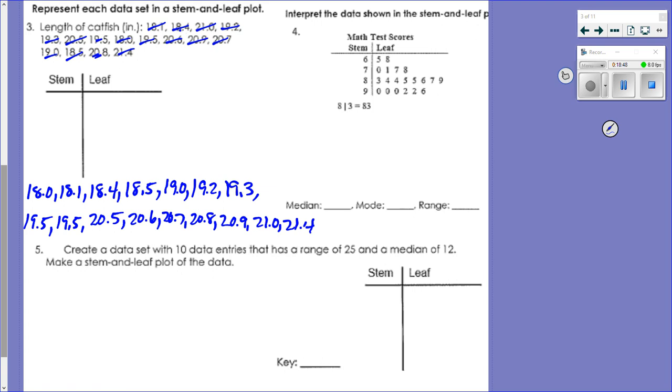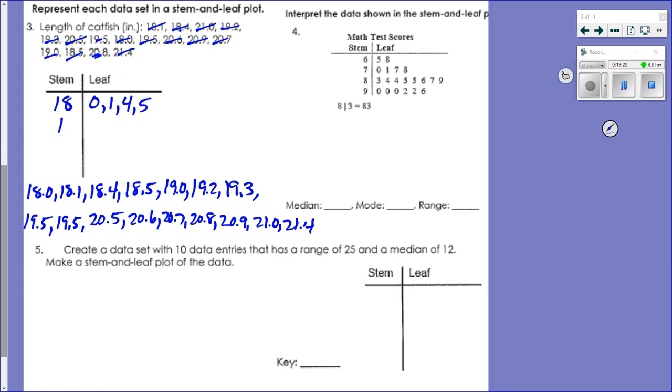Now here's where it gets interesting. If my leaf is only 1 digit, what place value am I going to be using for my leaves in this data set? The tenths, right? So if I'm using the tenths for my leaf in 18.0, what's going to be my stem? 18. So for the 18, my leaf is going to be a 0. I've also got an 18.1, 18.4, 18.5.